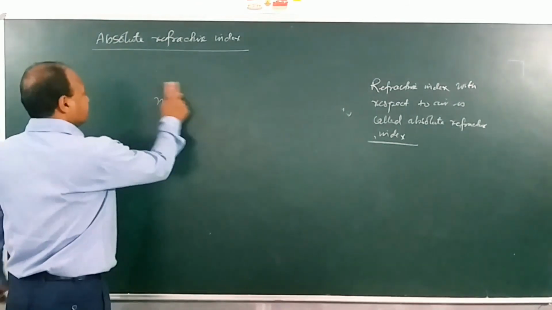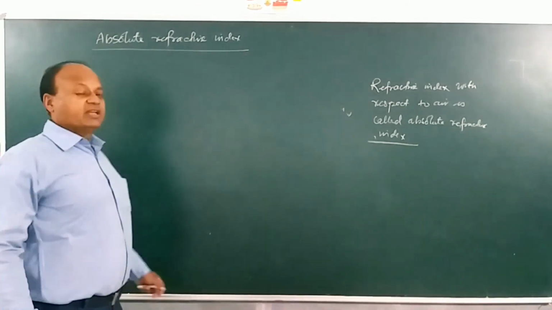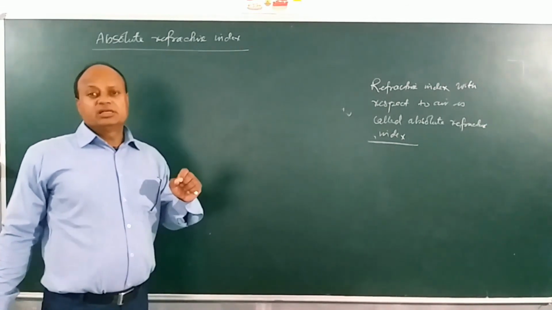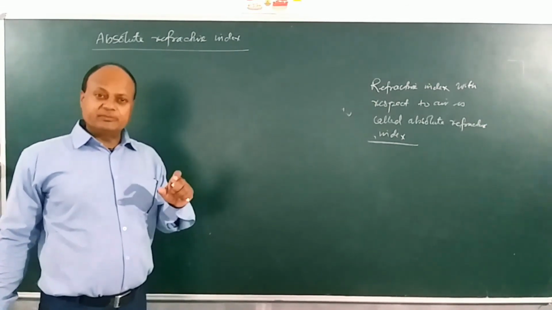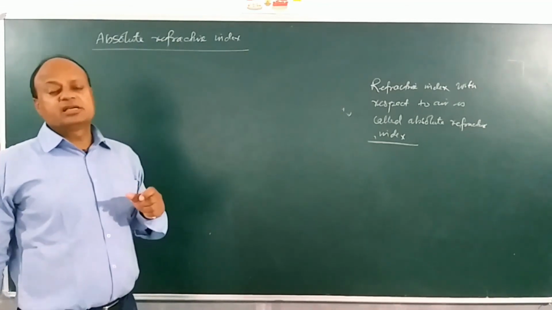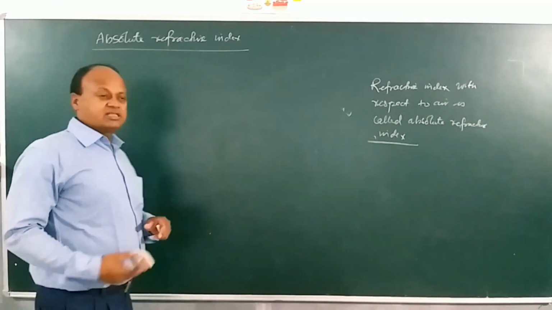Now if refractive index of medium is given, then how do we calculate the speed in that particular medium, or what is the relation between absolute refractive index and speed of light? Let's see here.